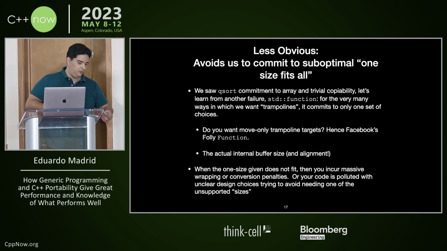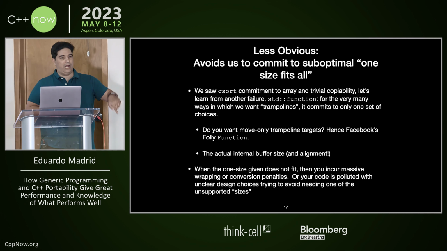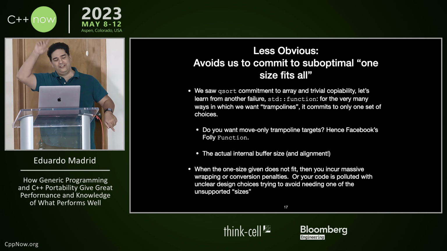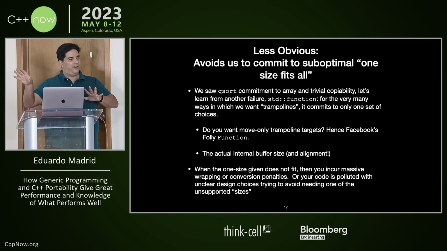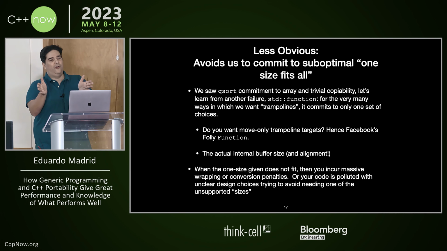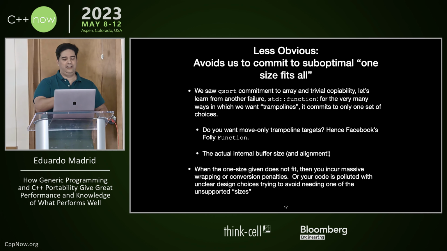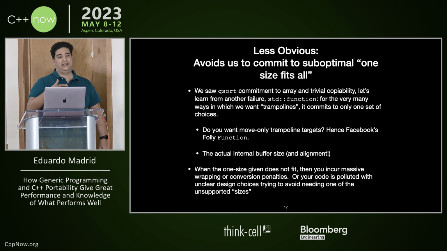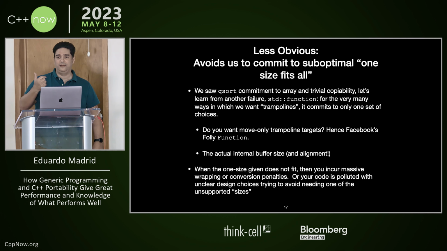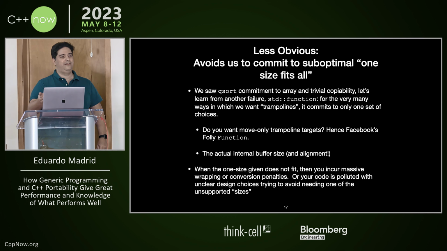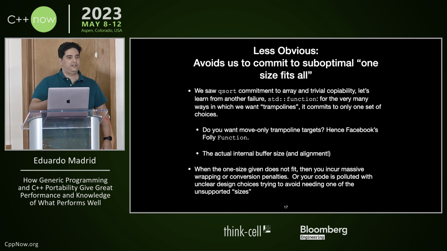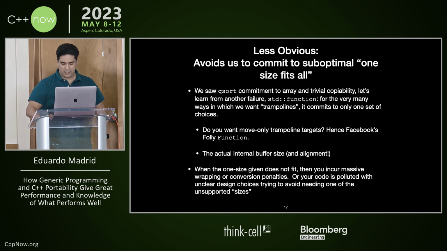You typically are going to construct a wrapper that has some allocation in some memory arena or whatever, so that you can hold things that are larger than the internal buffer. As a matter of fact, the internal size and alignment of the buffer in a standard function is not even available to the programmer, okay? You are not allowed to know what the implementation parameters are going to give you.